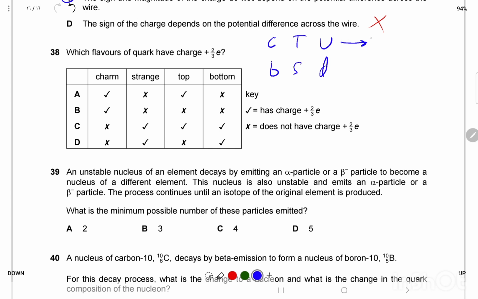Now these 3, charm, top and up, have a charge of positive 2 over 3 E. And these down here have a charge of negative 1/3 E. Which means you can choose option A directly, which is very easy.